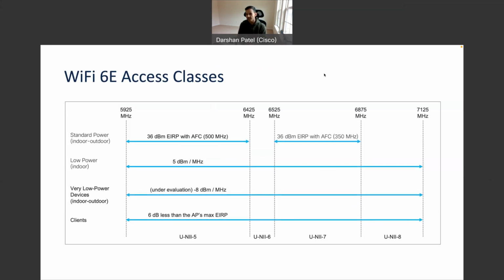Depends. What's their strategy, what the customers are looking for. But it's always best to see the 6E product, right? To see what else we can do. I'm so excited to see that 1 gigabit per second on Wi-Fi and see how more bandwidth-hungry applications we can provide and use on Wi-Fi.